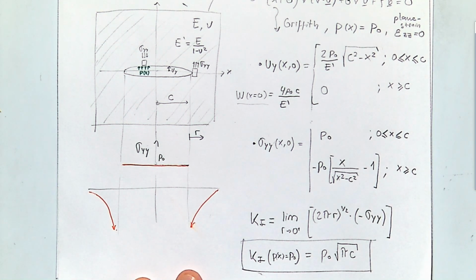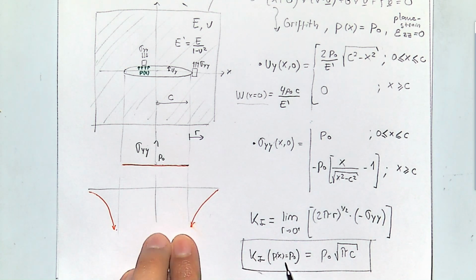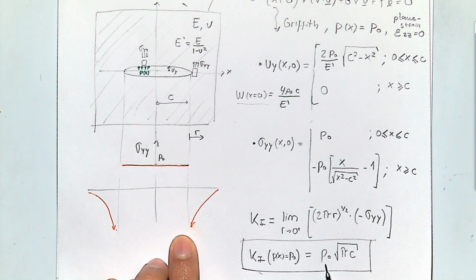And now what this equation tells you is that the stress intensity at the tip of the fracture is proportional to the net pressure and proportional to the length of the fracture.